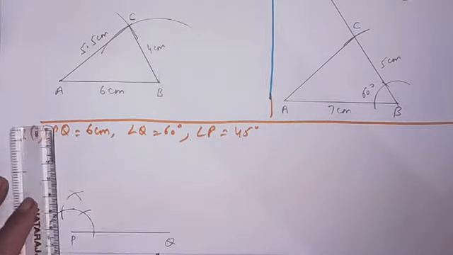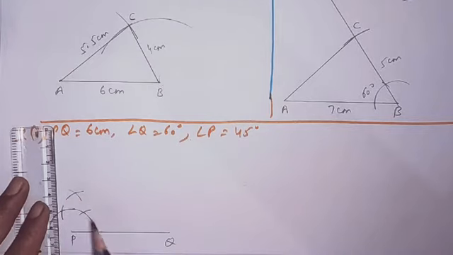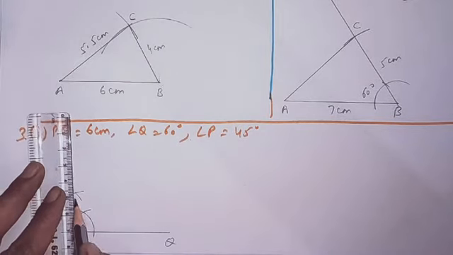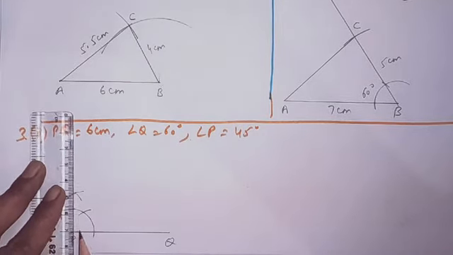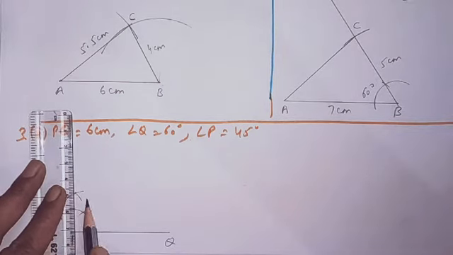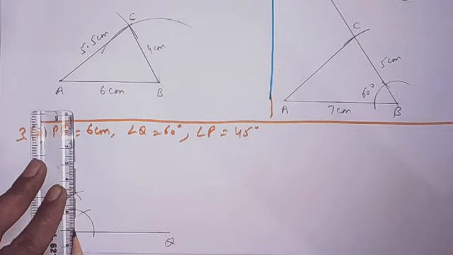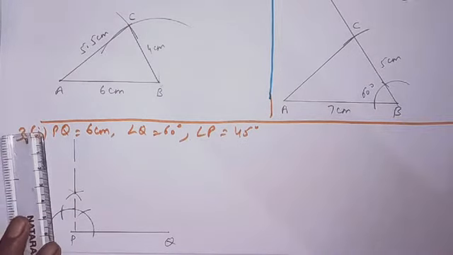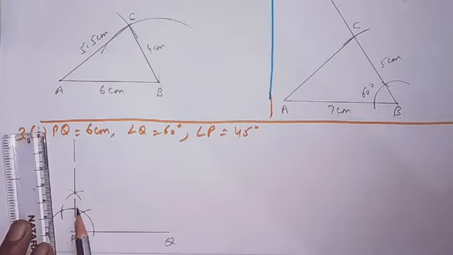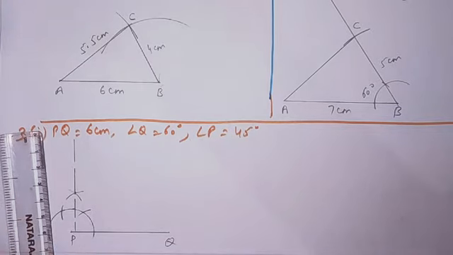When I join this point of intersection of arc with this point P, this will give me angle of 90 degree. And I am drawing it with broken lines so that it shows that this is not the angle which I require. I require the angle of 45 degree.